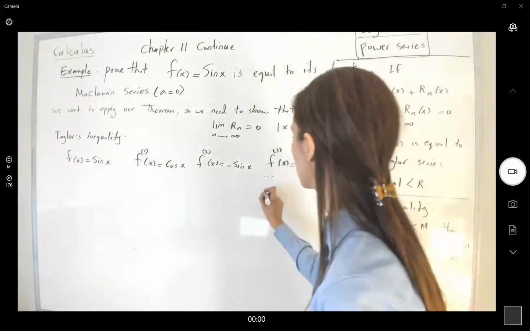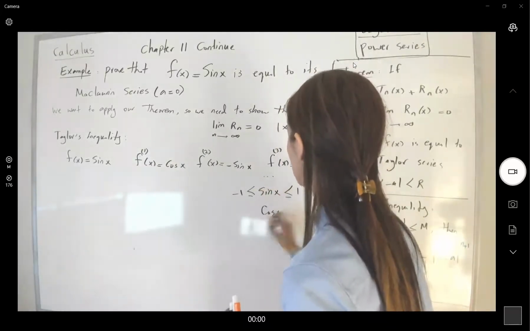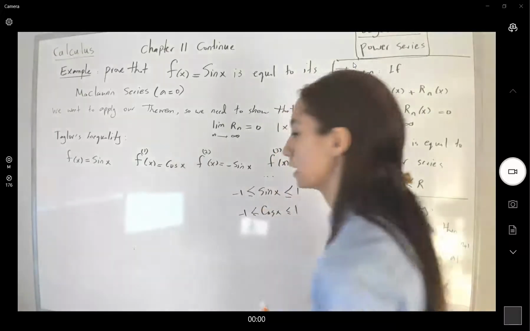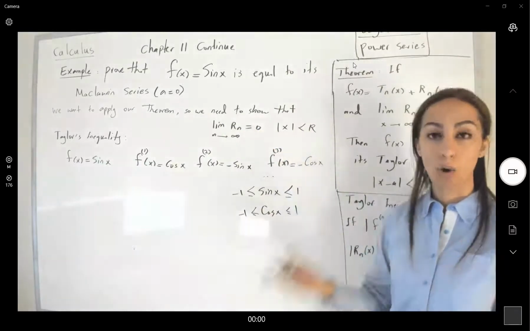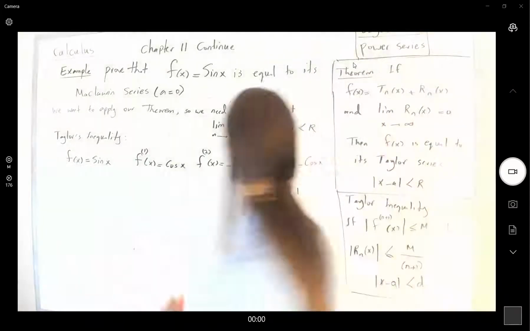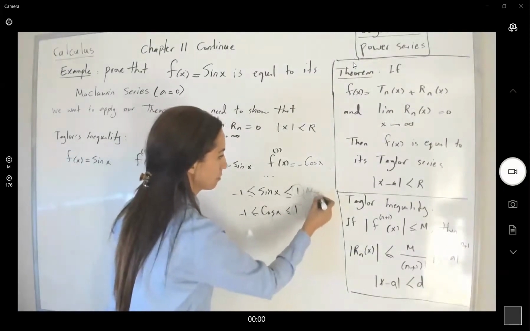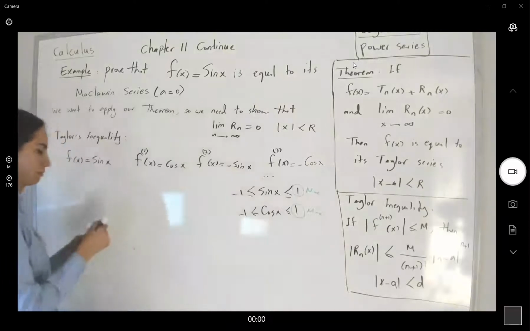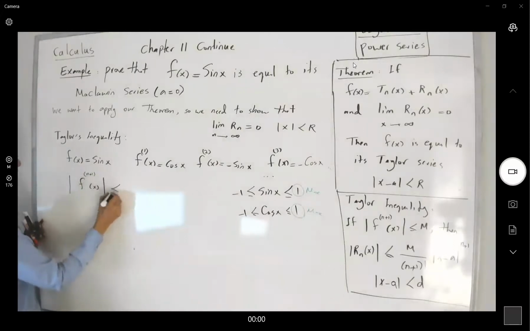And we already know that both sine x and cosine x are bounded between -1 and 1. It means that the maximum value they take is 1. So obviously, M is 1. So the n plus 1 derivative of the function is less than or equal to M, which is 1.